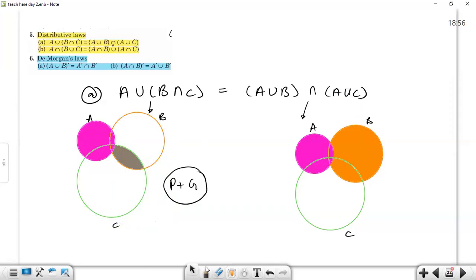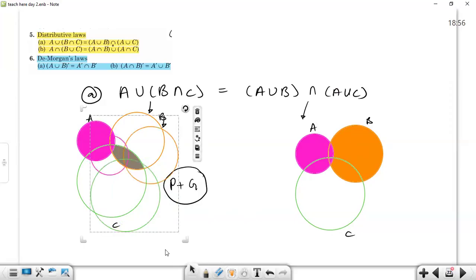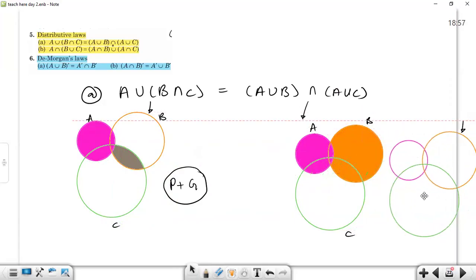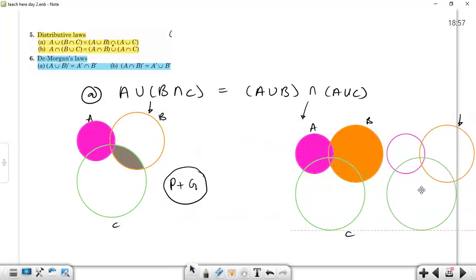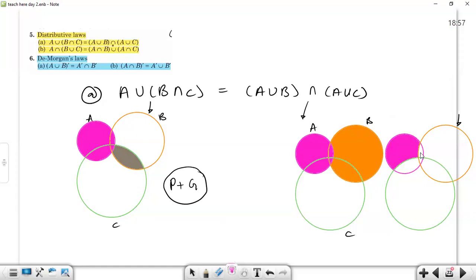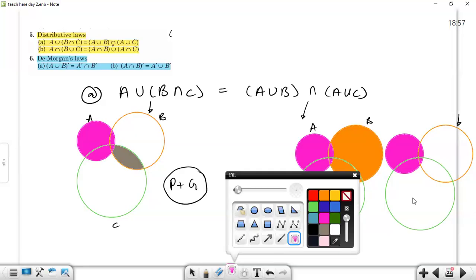Yes, now this is the A union B region, and let's take one more example. Now A union C, taking set A completely and set C completely.